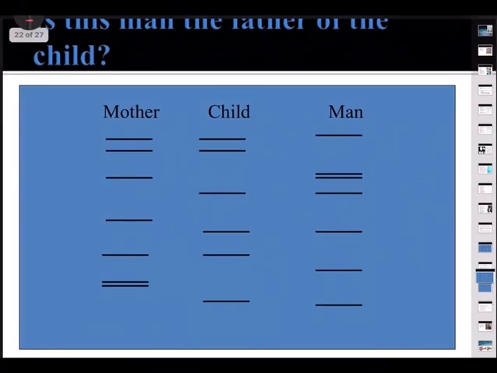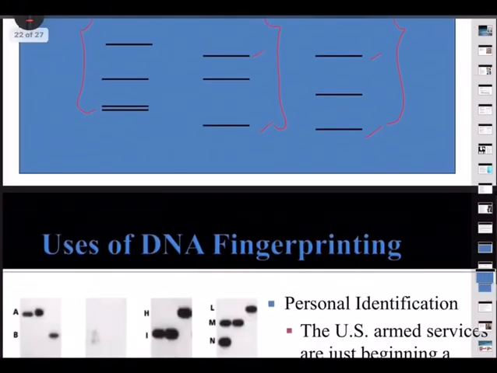Now, mother, this is the DNA profile. This is the DNA profile of the child, and this is the man whom the child is claiming to be the biological son. So if you see, whatever is missing here, is it present here? Now for example, child and the father, look at this, and look at this, and of course look at this. So there can be plenty of chances.